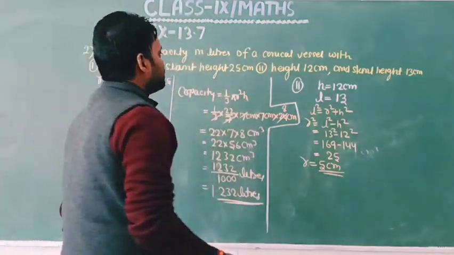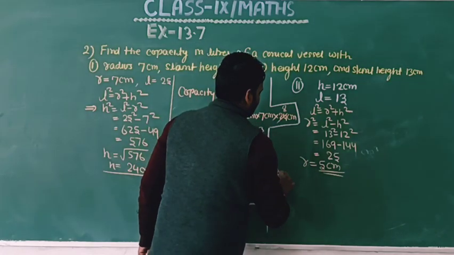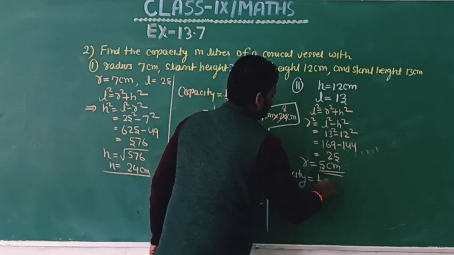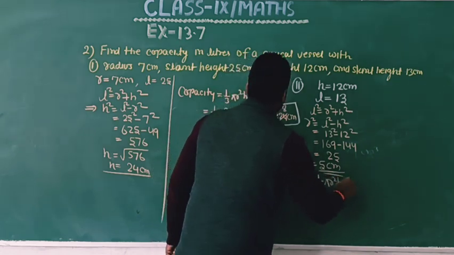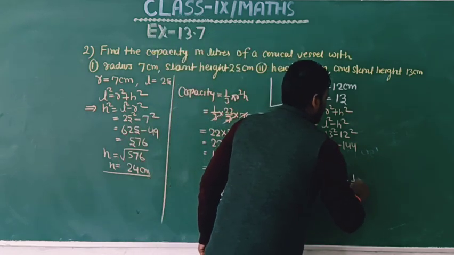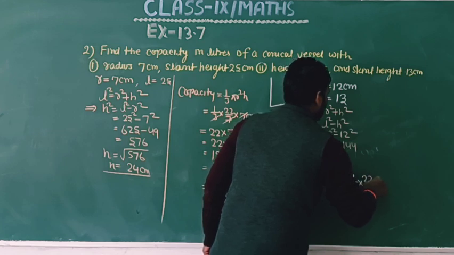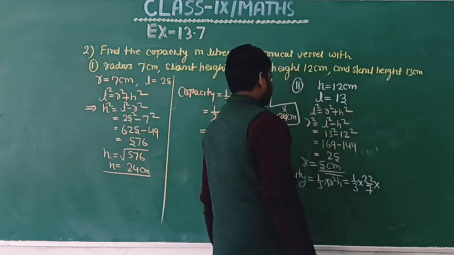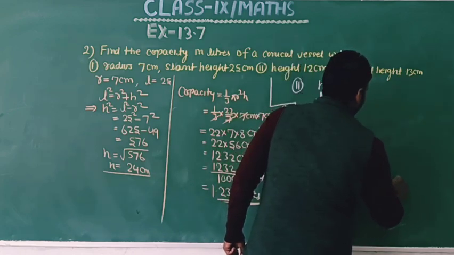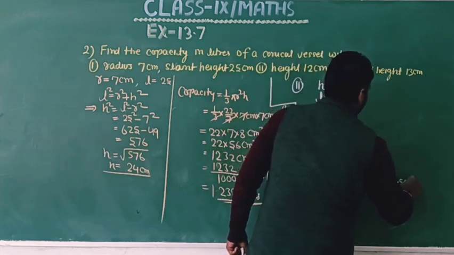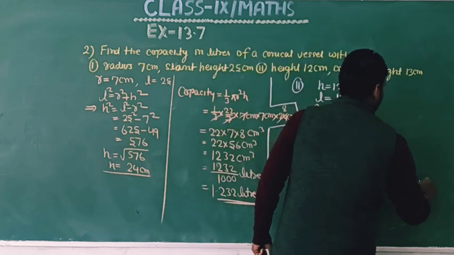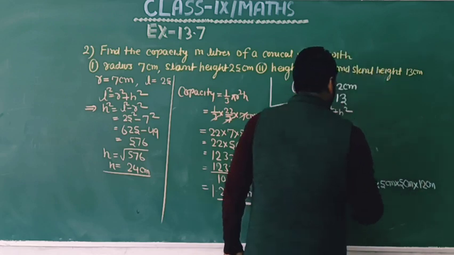Then its capacity equals 1 by 3 pi r square h. So this is 1 by 3 into pi, which is 22 by 7, into radius 5 centimeter, so write 5 centimeter into 5 centimeter, into height 12 centimeter.